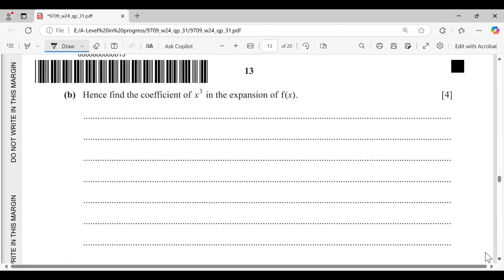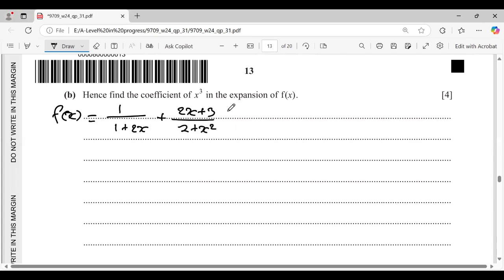Next question. And find the coefficients of x cubed in the expansions of f(x). Okay, so f(x), the expansion becomes 1 over 1 plus 2x plus 2x plus 3 over 2 plus x squared.